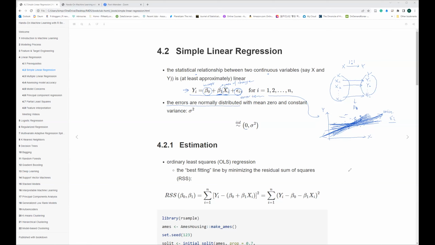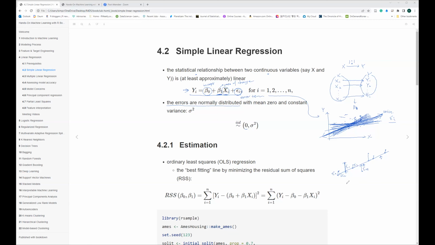So, for example, if there is a regression line and we have these observation points, then when we return all of these values to the line, there is an error term. This is epsilon 1, epsilon 2, epsilon 3, epsilon 4, etc.